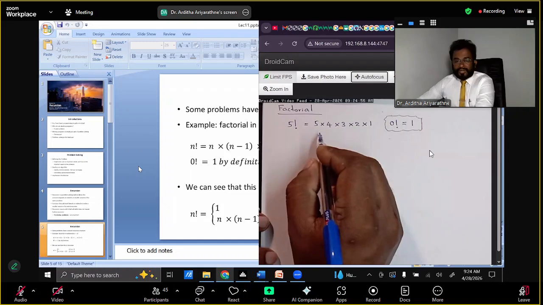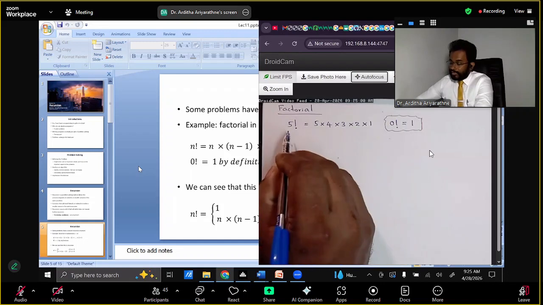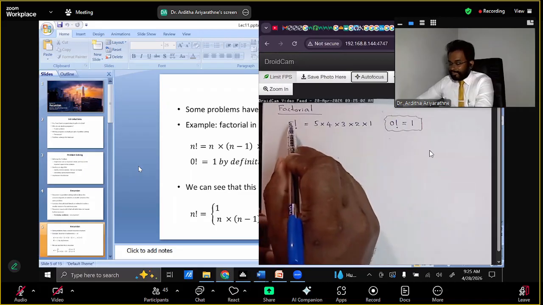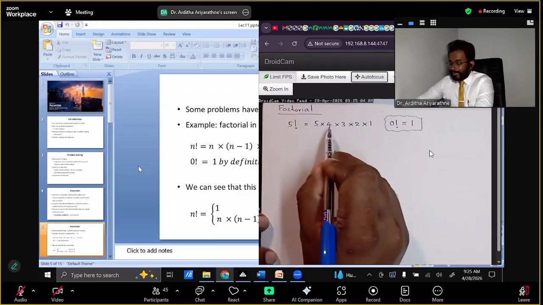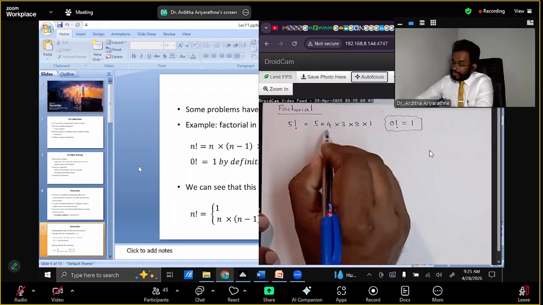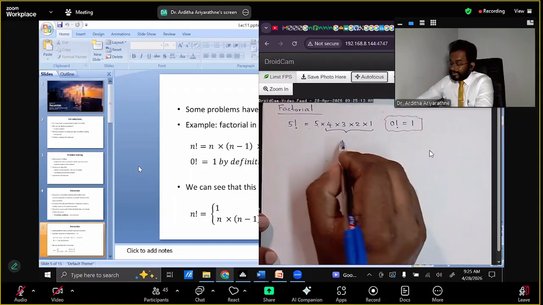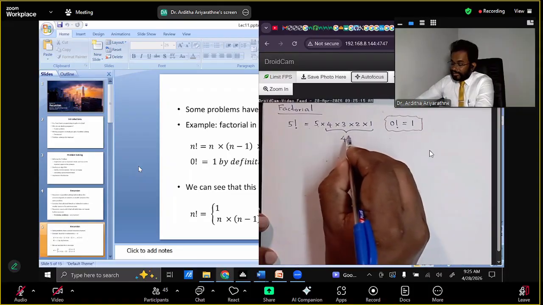Why are we calling this one recursive? Think about this. Factorial 5 means 5 multiplied by 4 multiplied by 3 multiplied by 2 multiplied by 1. So what is this? This is factorial 4.